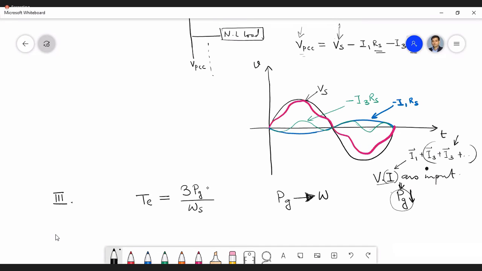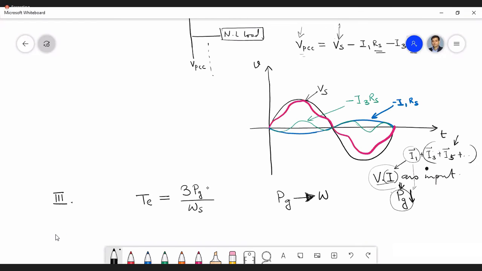So in this PG, only I1 will have some contribution, but in the apparent power you will have the total current contribution. So obviously the performance and efficiency of the machine will be poor.